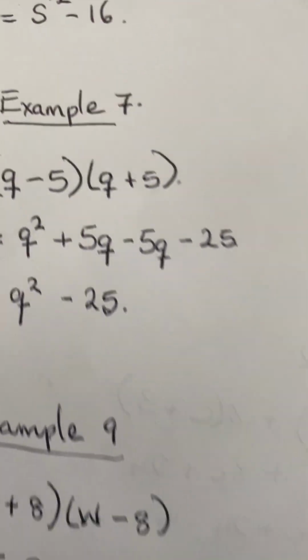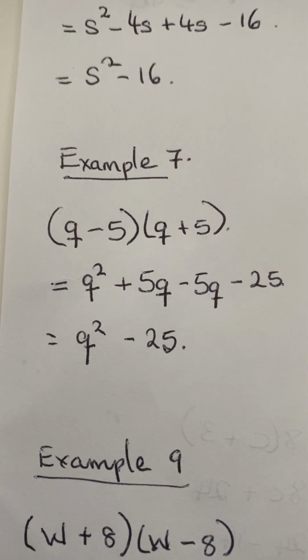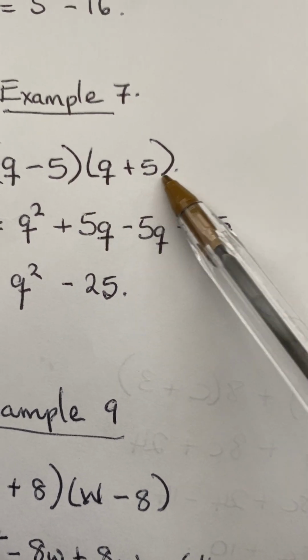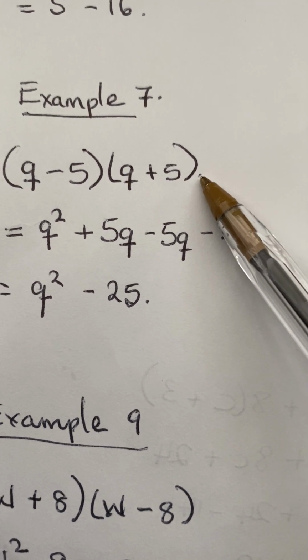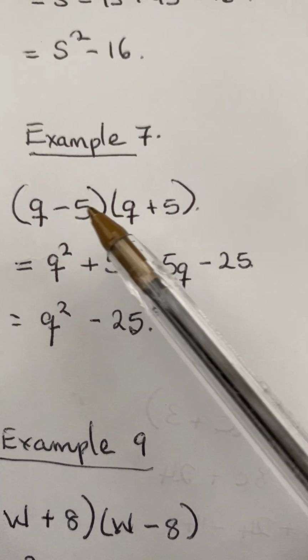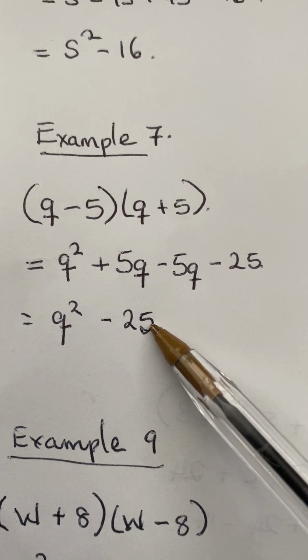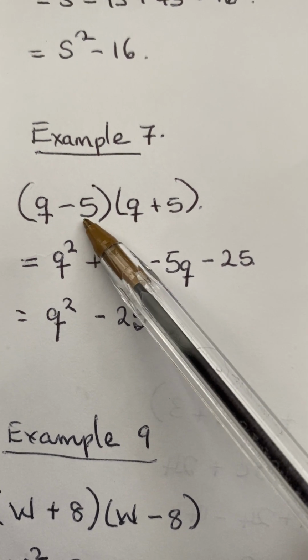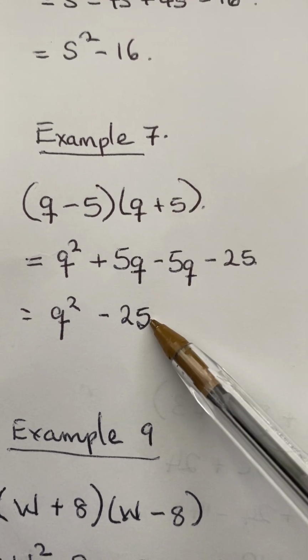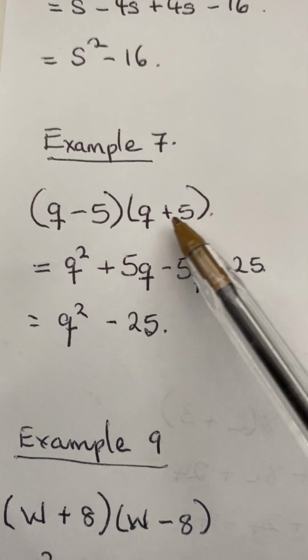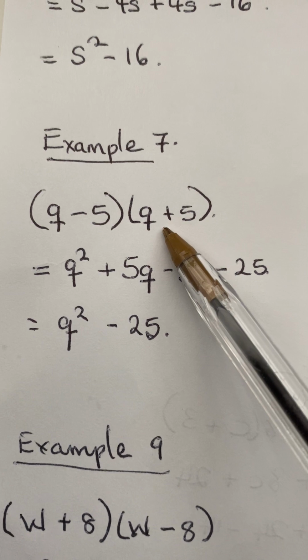Example 7. Q minus 5, Q plus 5. It can also be Q plus 5, Q minus 5. You will get the same answer because 5 times 5 is 25. If it's minus minus, you get a different answer.